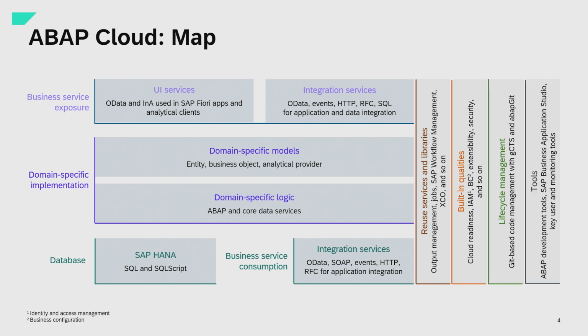On the tooling side, we have the ABAP development tools, ADT, that let you design everything using Eclipse. We have the Business Application Studio as well as Visual Studio Code as development environments where you can then build, for instance, the Fiori applications. And key user and monitoring tools as well.